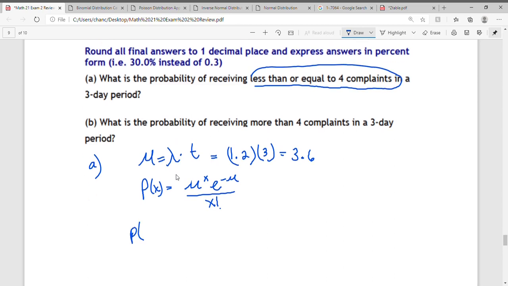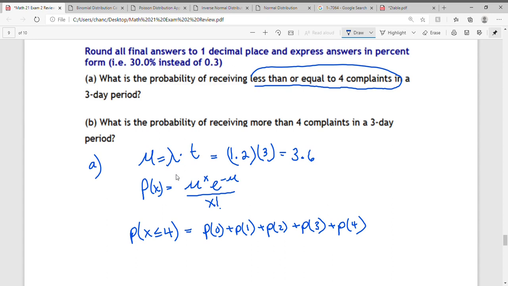So we're looking for P of x is less than or equal to 4, which is P of 0 plus P of 1 plus P of 2 plus P of 3 plus P of 4. Now that means I would have to use this formula 5 times. And I definitely can, and I will get the correct answer.